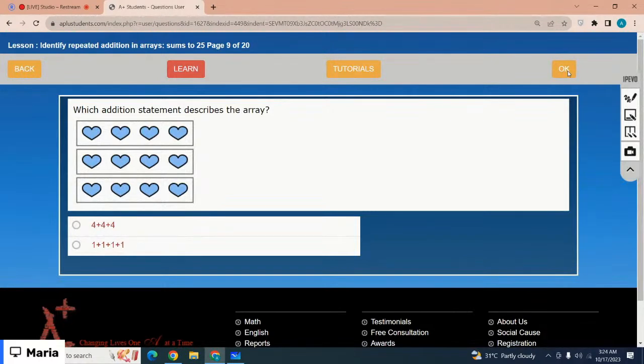Which addition statement describes the array? Which is the correct option? The correct option is, very good. That would be option number 1. 4 plus 4 plus 4, right? Option 1 is the correct option.